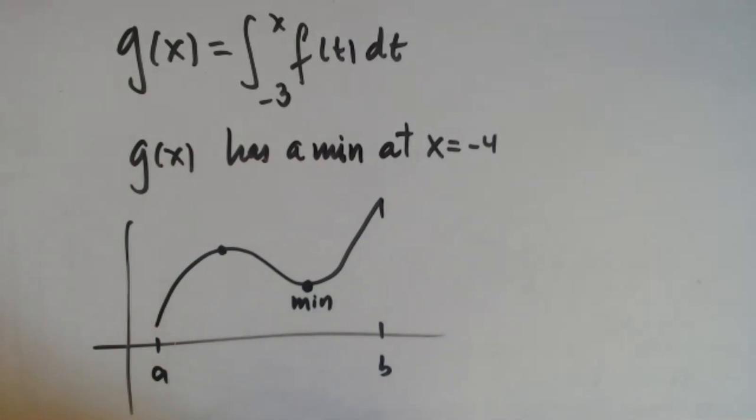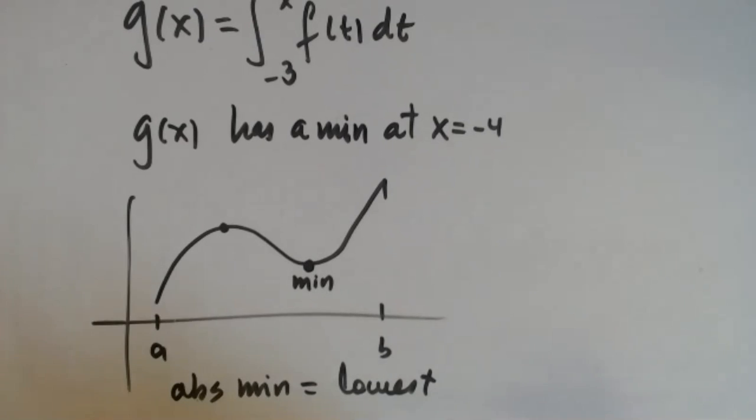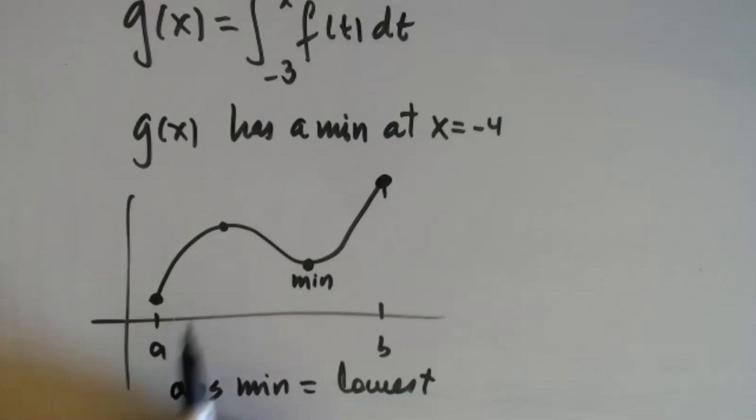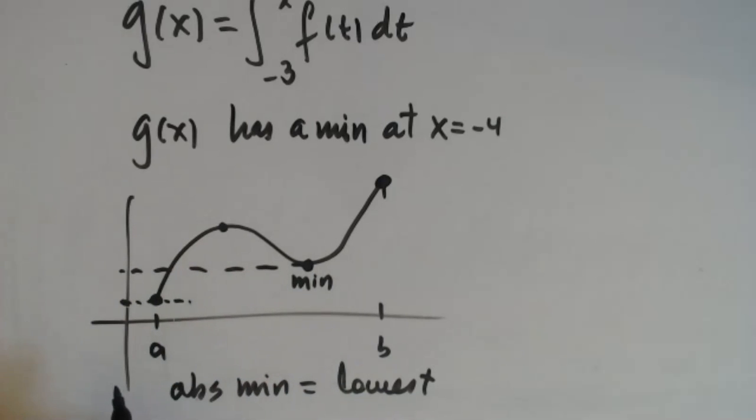I need the lowest point for the absolute min. The absolute min is the lowest, correct? So I have to check the end at b and the end at a. In this case, you see that this point is lower than this one, so this is the absolute min, the lowest point.